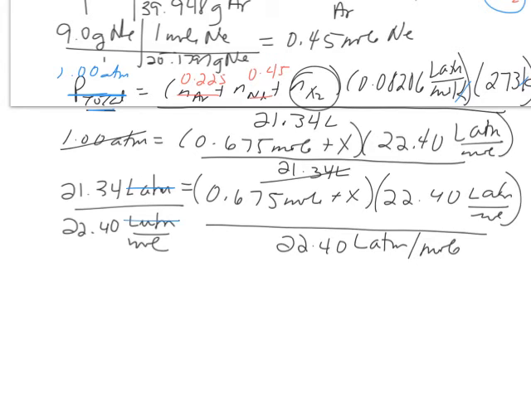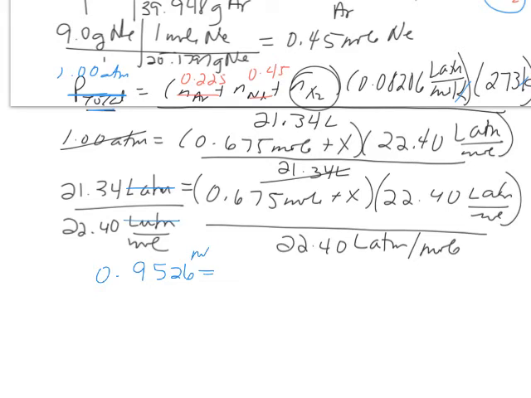This gives us, let me put this in the calculator, 21.34 divided by 22.40 gives us 0.9526. You might get something a little different.